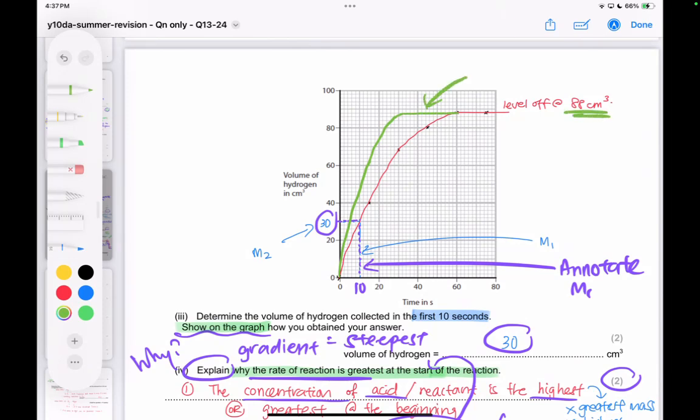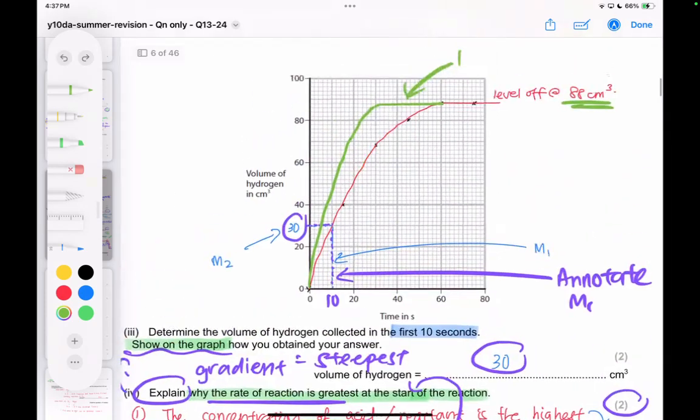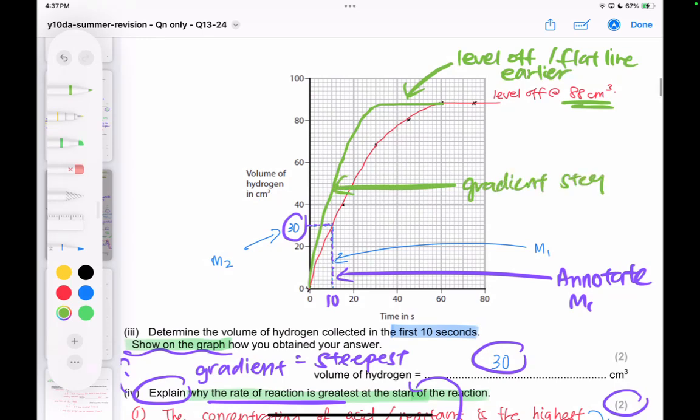So I should put, level off or flat line earlier than the original rate, and then it would be a gradient steeper than the original curve.